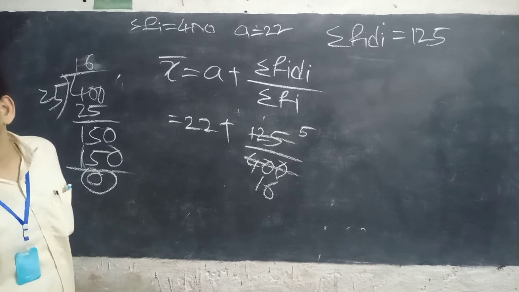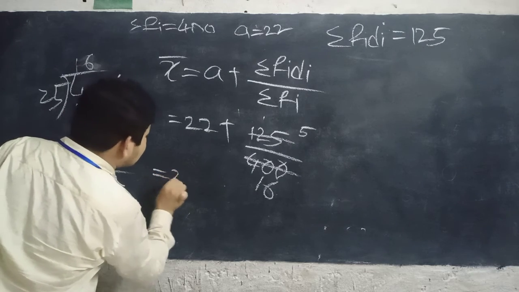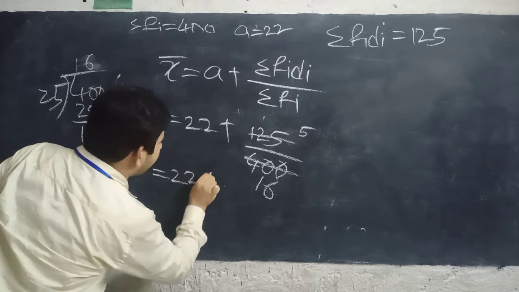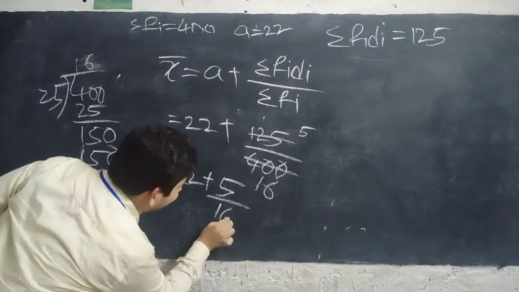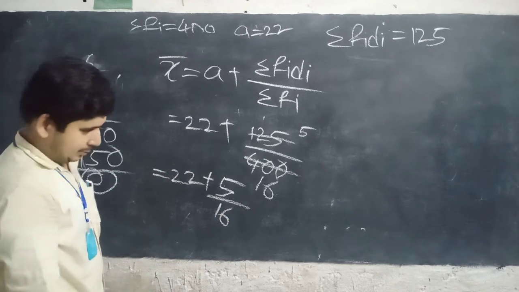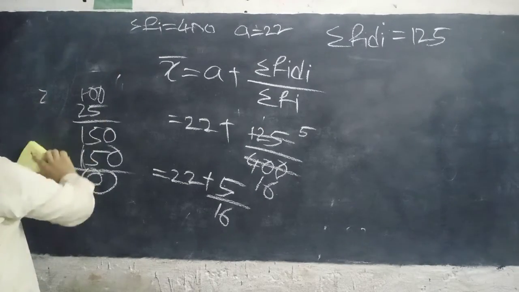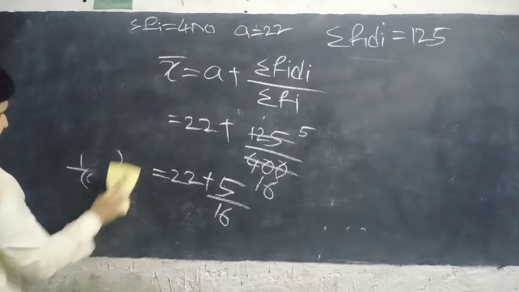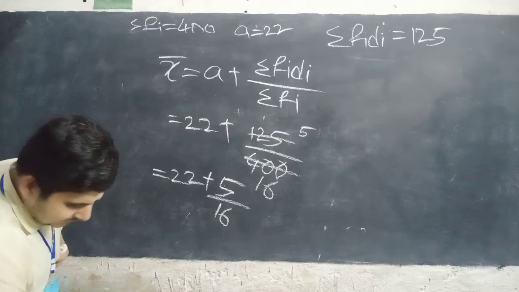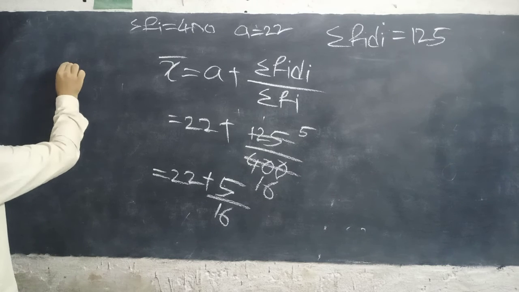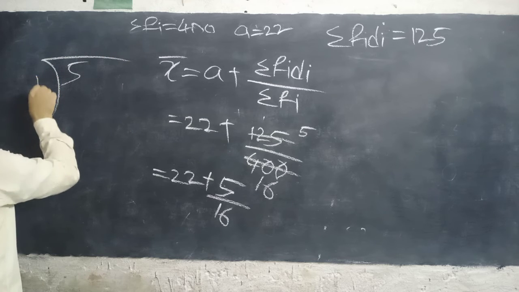So now equal to 22 plus 5 by 16. Now 5 divided by 16.